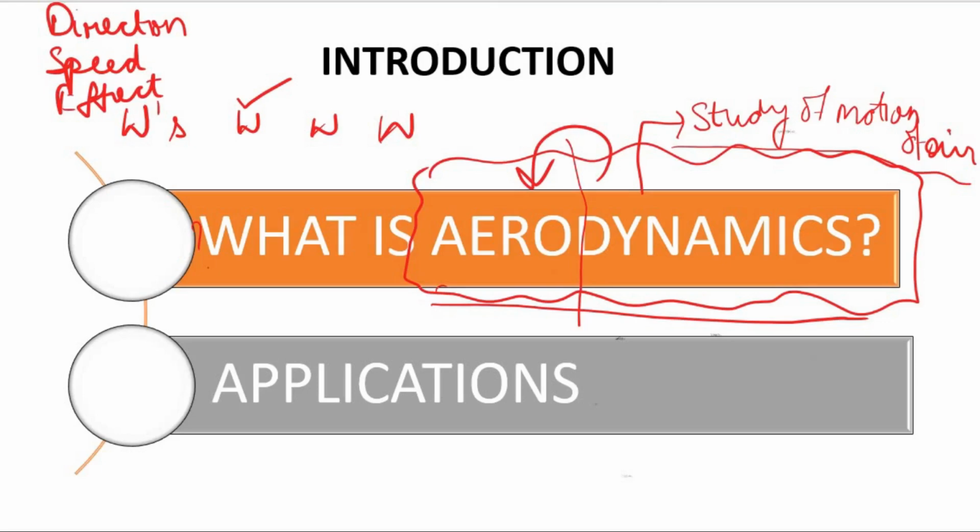Now, what aerodynamics talks about is in which direction the air is flowing, what speed the air is moving with, will it have any effect when it hits a particular surface or an object. So these are some of the concepts which aerodynamics talks about. So now we are done with our first W, that is what.